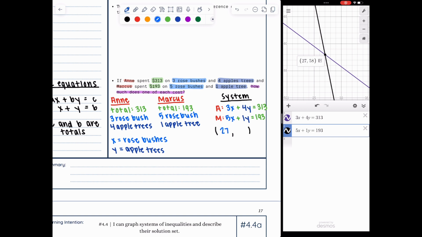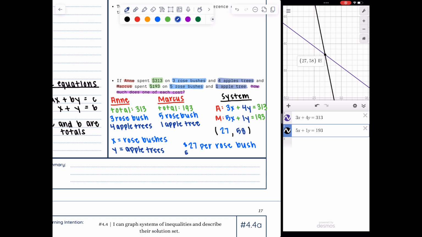I chose for rose bushes to be the variable x. So in the ordered pair, there would be $27 per rose bush, because that's what the question is asking you, not how many were purchased. You know how many were purchased. It's how much does each one cost. So each rose bush is $27 because that's the x coordinate of the solution.